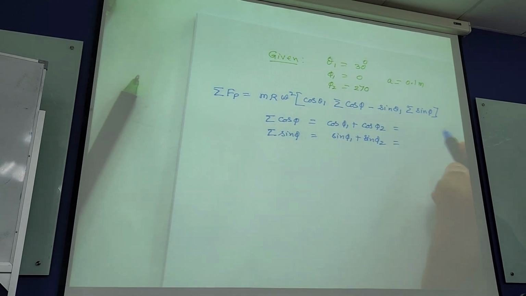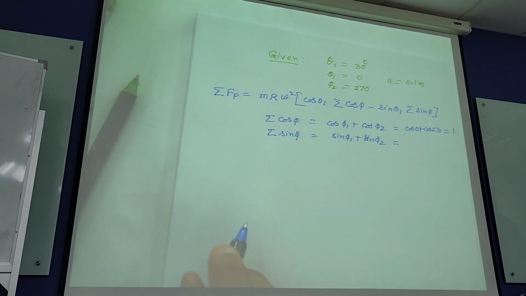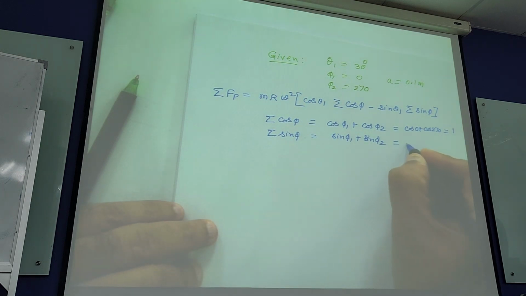So the sum of cos phi is cos 0 plus cos 270. Cos 0 is 1, and cos 270 is 0, so you will get 1, right? Then for the second one, the sum of sine phi is negative 1.